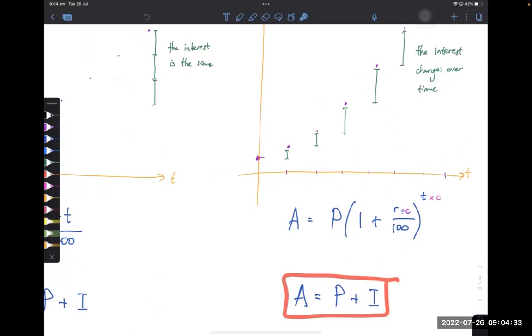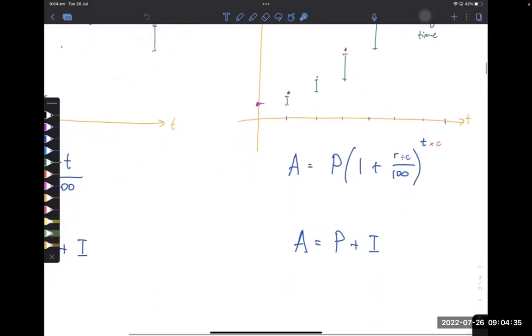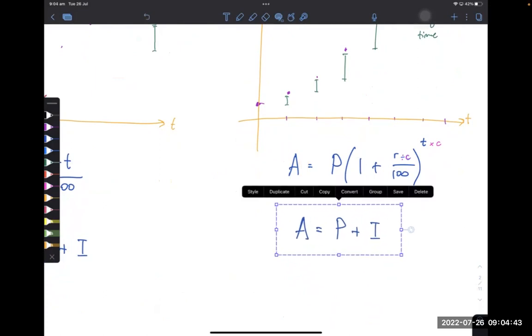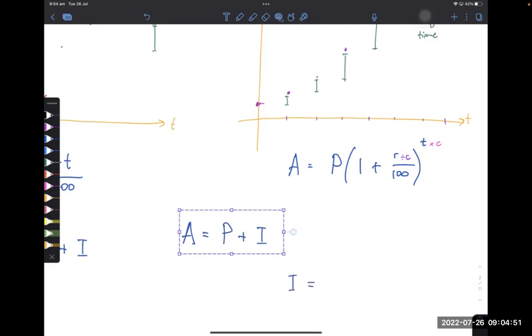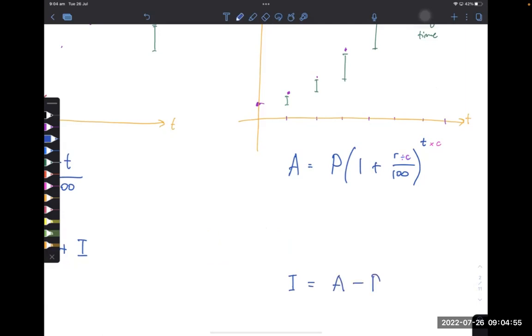In this case here, if we were to find the interest amount, notice this gives you the total amount, right? But if we want to find the interest, then we have to work this equation a little bit and fix it up to find the interest. So the interest equals, if I move this to the other side, A minus P.